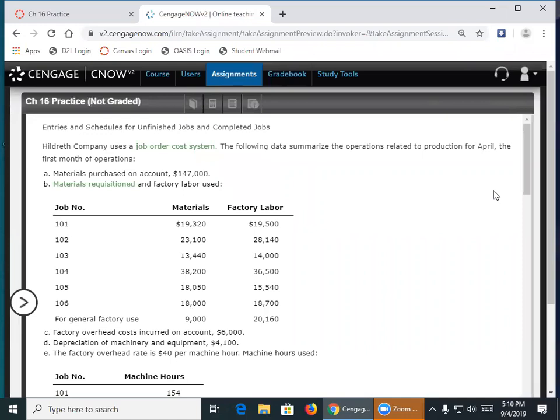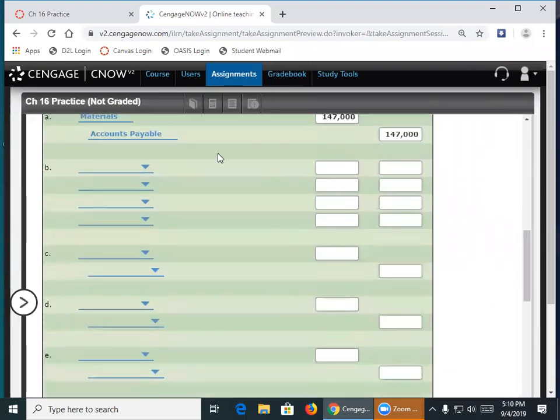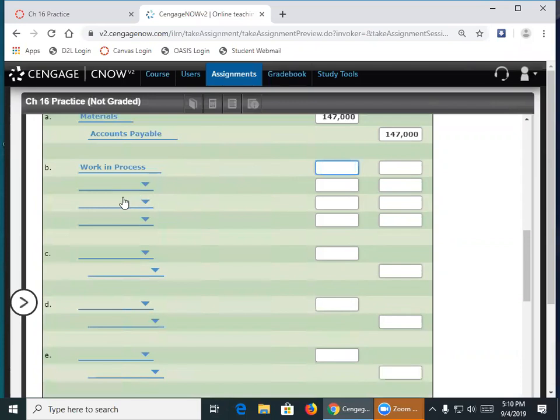Yeah, it gets debited to factory overhead as actual overhead. So when I do my journal entry on B, you should have a debit to work in process of 262,490. And again, that's all of our direct materials and direct labor.